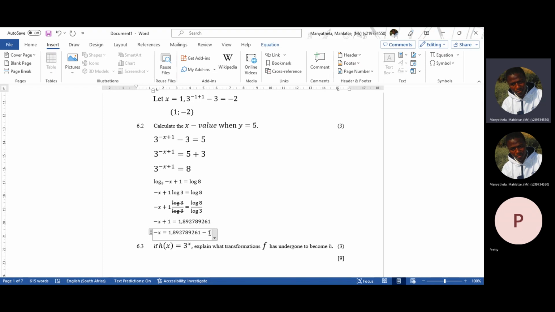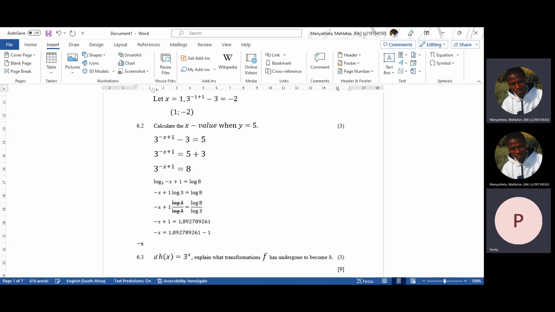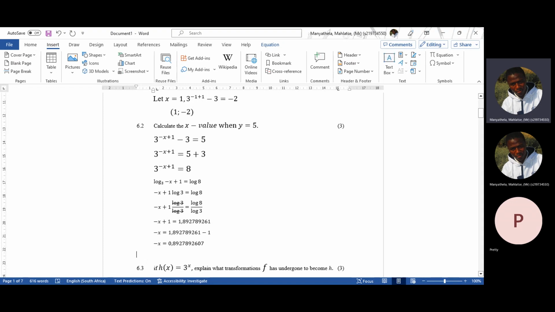So negative x equals 0.892727892607. And then to complete this, we're going to multiply the whole thing by negative 1.